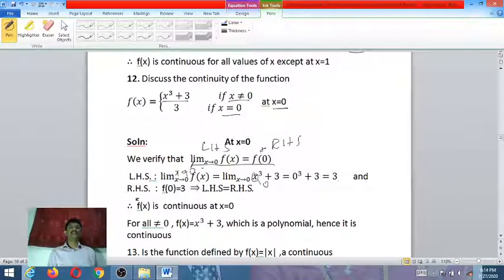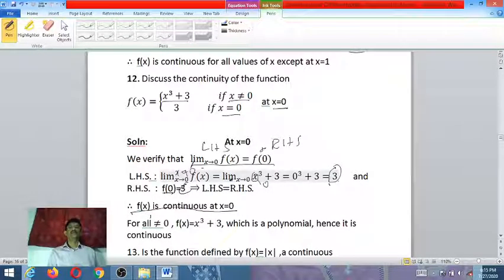And what is the right hand side? The right hand side is f of 0. At 0 it is 3, so f of 0 is 3. The left hand side is 3, the right hand side is also 3. What do you say? f of x is continuous at x equals 0.